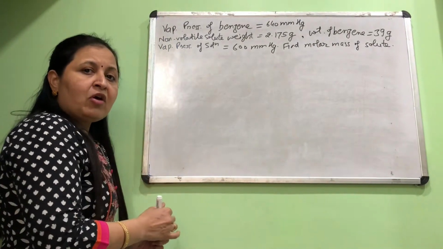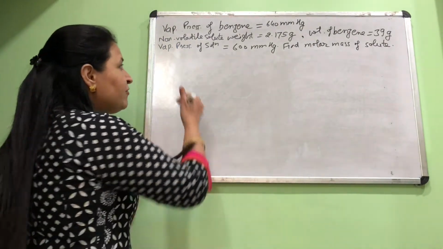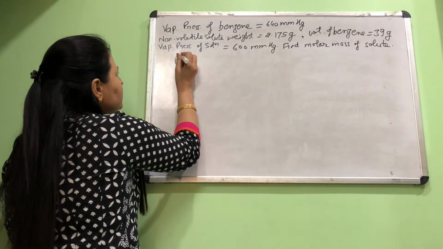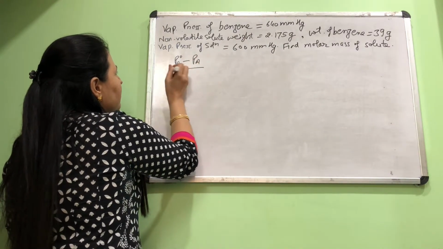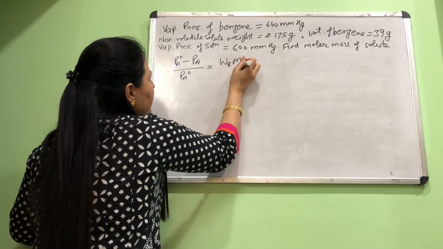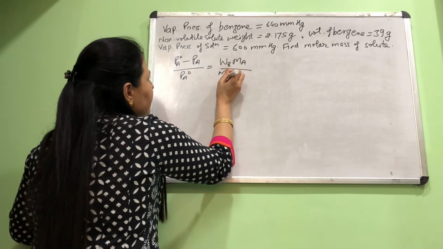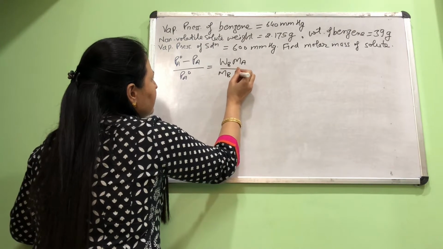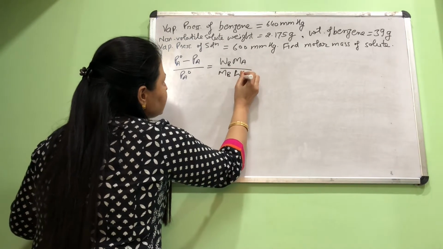Now just remember what formula we derived yesterday. In our formula we had written that Pa0 minus Pa upon Pa0 is equal to WB Ma upon MB WA. Now let's substitute.